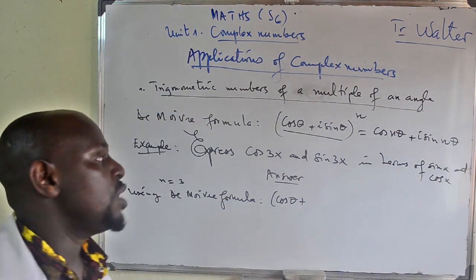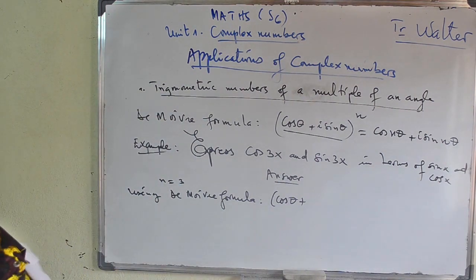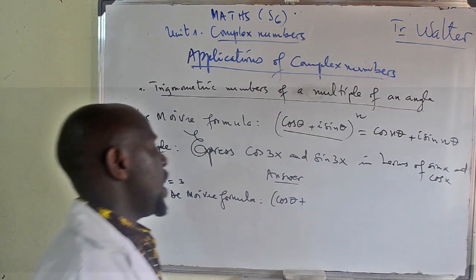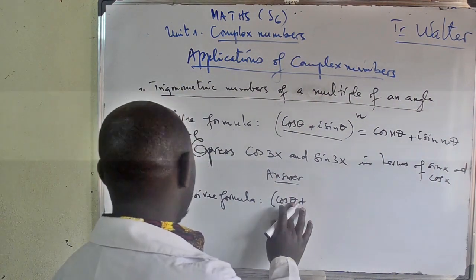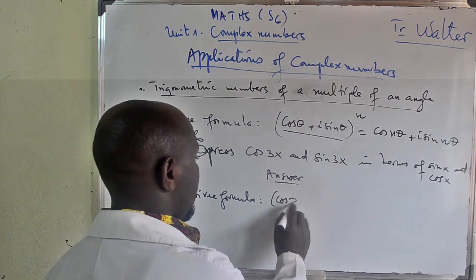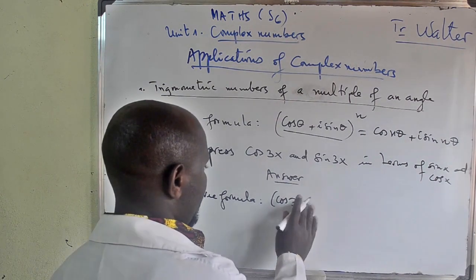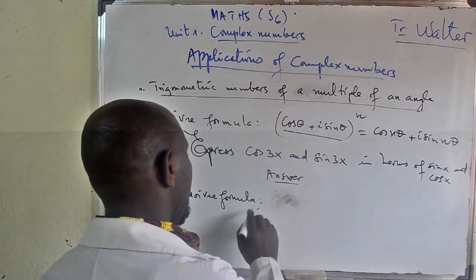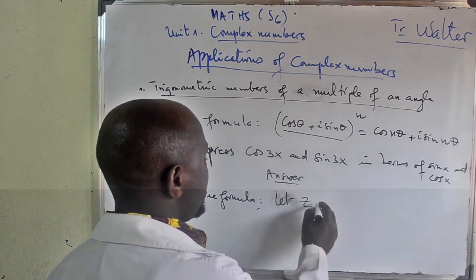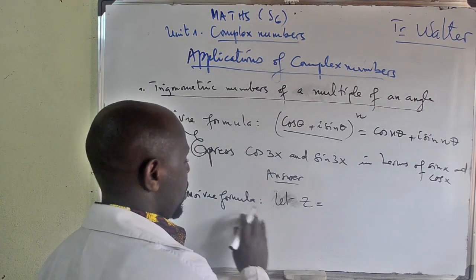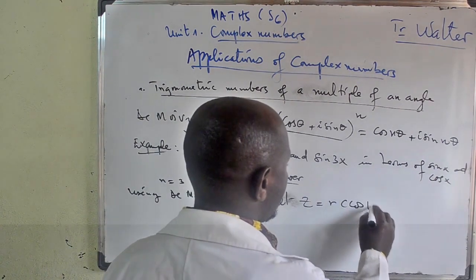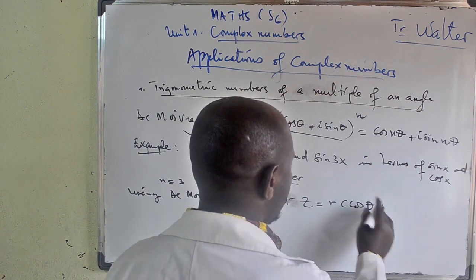Because we are using De Moivre's formula, here we shall have cosine theta, but theta is known as 3x. So always we shall let z be r cos theta, but theta is known.